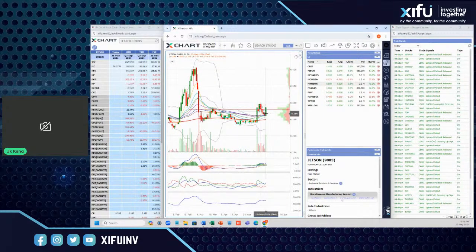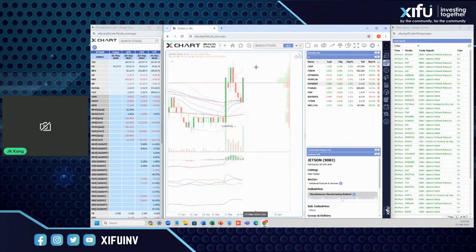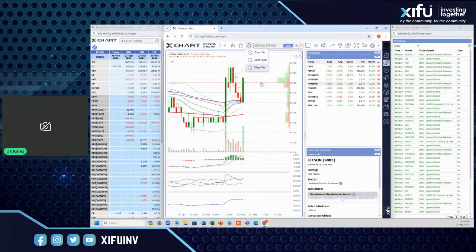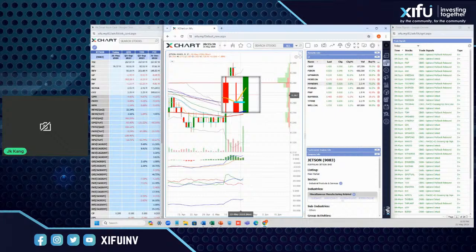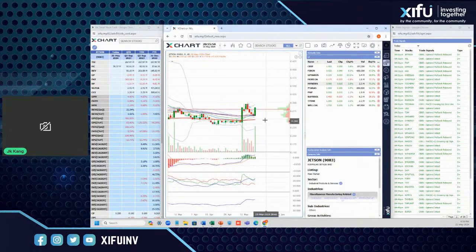If you look at it, this is actually a flag signal, whereby the price was rising above the SMA 200 line, and all the EMA lines, if you can see very clearly over here, I zoom in. You see the line actually started to cross up into the uptrend signals. So Jetson will be very potential as well to be tradable subsequently.